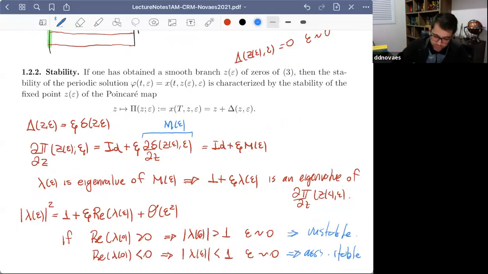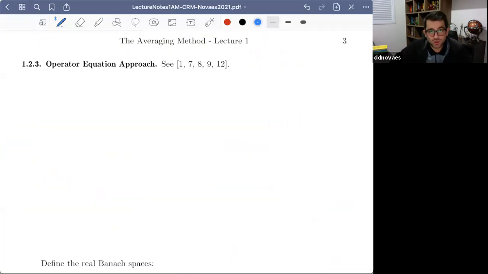There's another approach which is more suitable for contexts with less regularity. It's the operator equation approach. I have some references where it's used and developed.